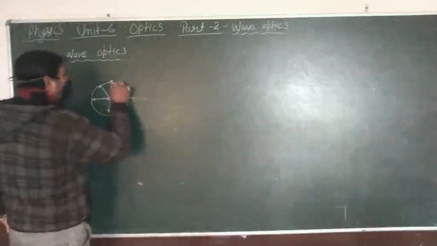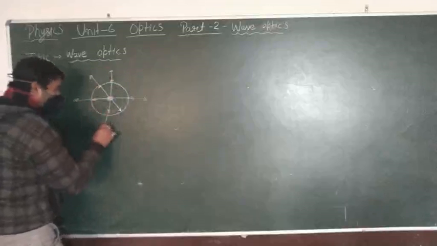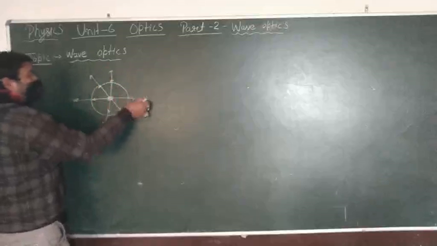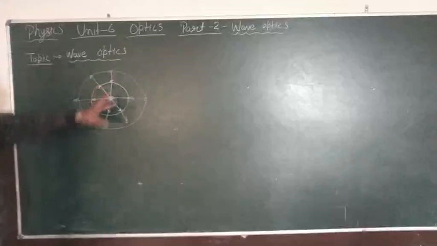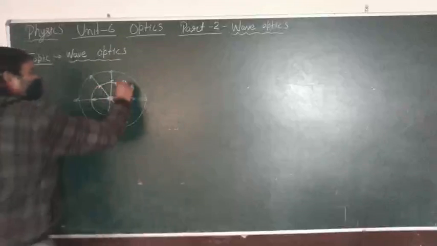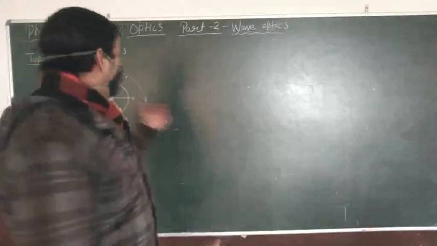So these are moving like this, and when we join them, we get a parallel equidistant new sphere.